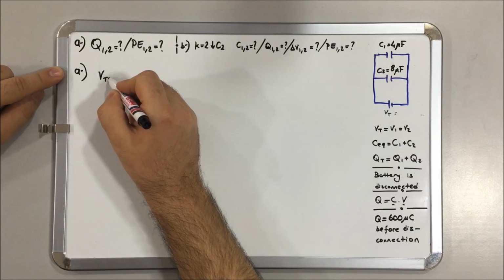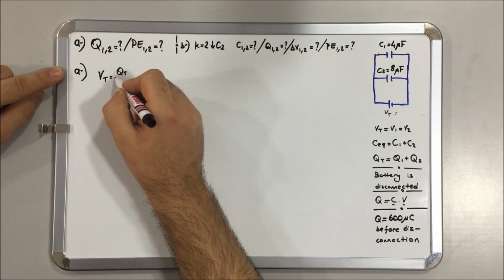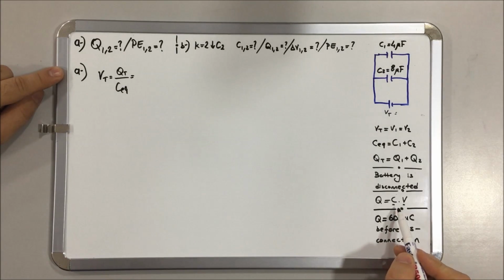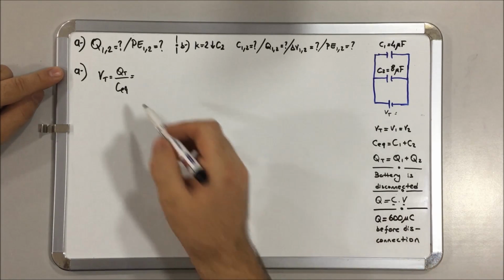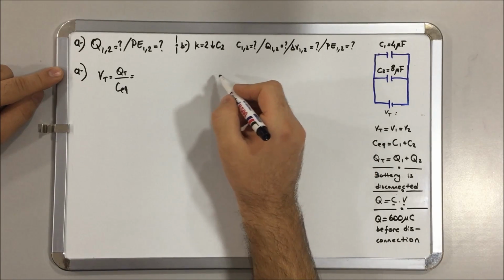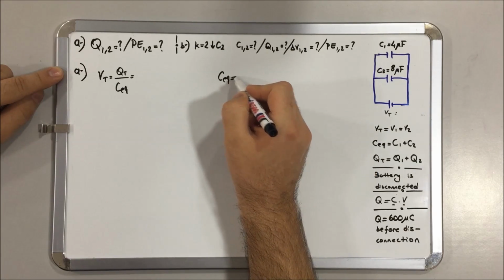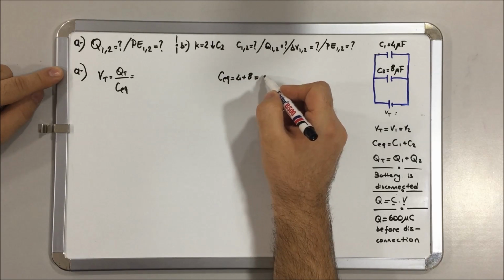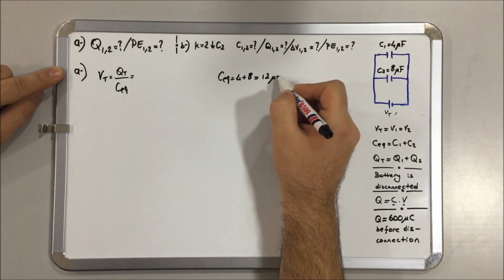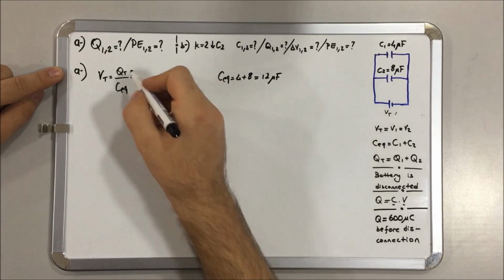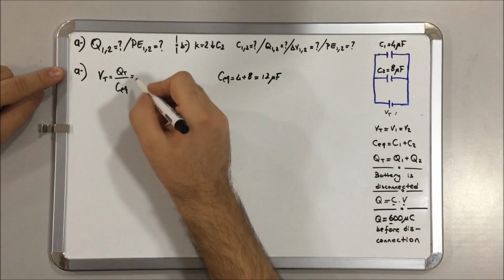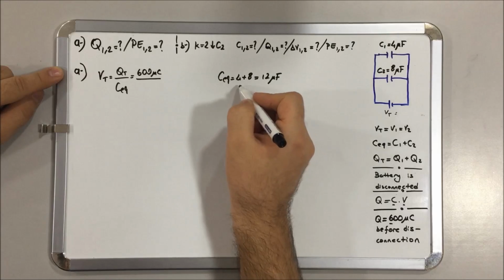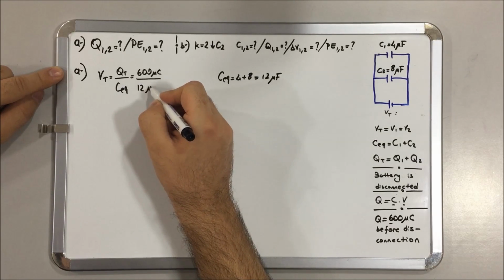So V total is equal to Q total over C equivalent. This comes from this formula, and so I have to calculate C equivalent. C equivalent is equal to 4 plus 8, which is 12 microfarads, and Q total is given, 600 microcoulomb over 12 microfarad.